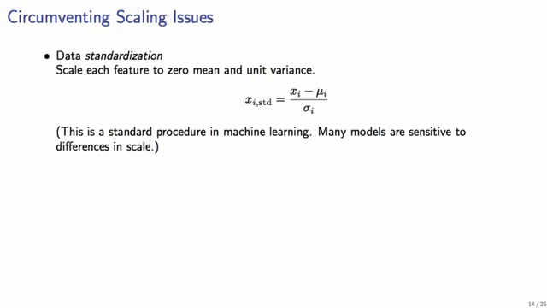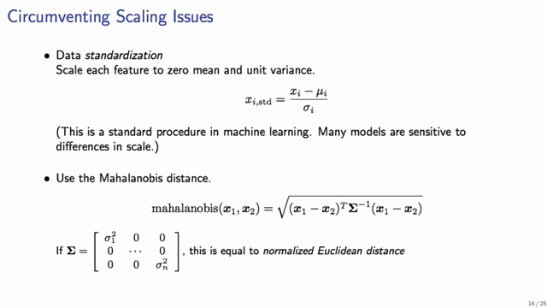Fortunately, there's a very easy way around that, and that is data standardization, where we use the mean and variance of our data to scale each feature so that it has 0 mean and unit variance. This is done very often in machine learning because there are many algorithms that are sensitive to differences in scale.